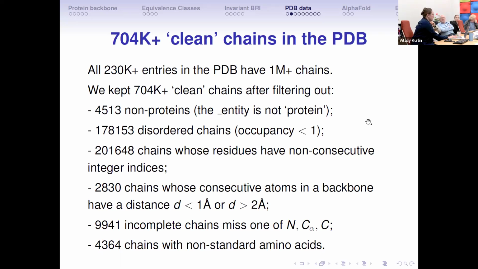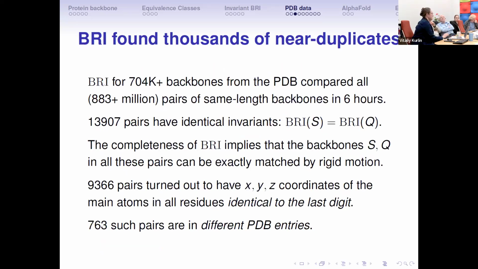And the idea was to compare those chains with each other and see how many classes of rigid equivalence there are. Firstly, computability. It turns out that it is possible to compare all those backbones in about 6 hours on a modest laptop, so we didn't even use HPC facilities.